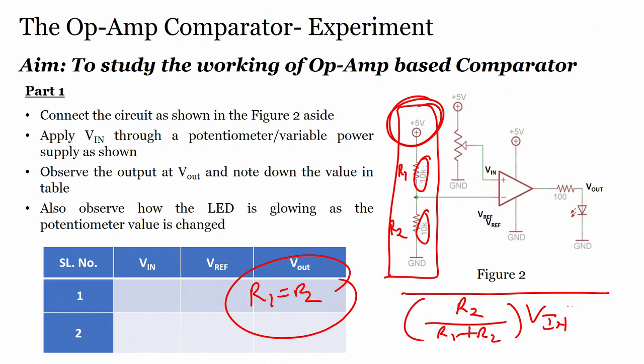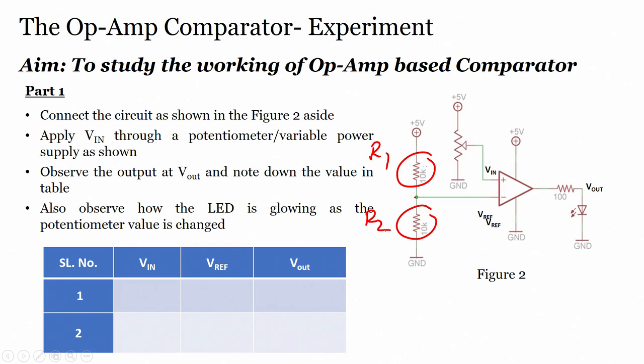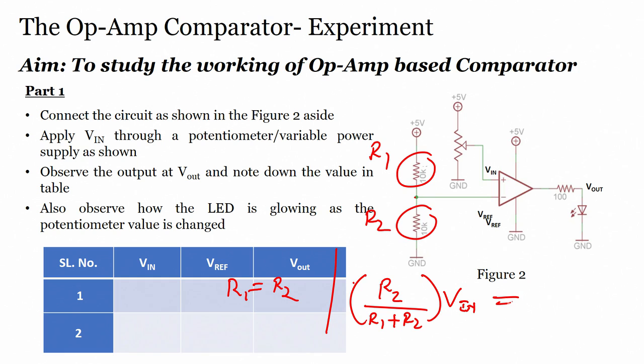For an easy way of understanding, we have this R1 and this R2. When R1 equals R2, our formula R2 upon R1 plus R2, into V in, becomes half of V in.